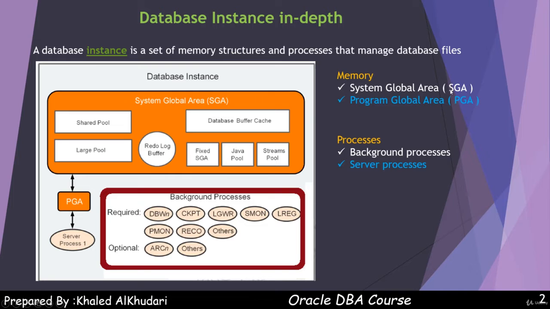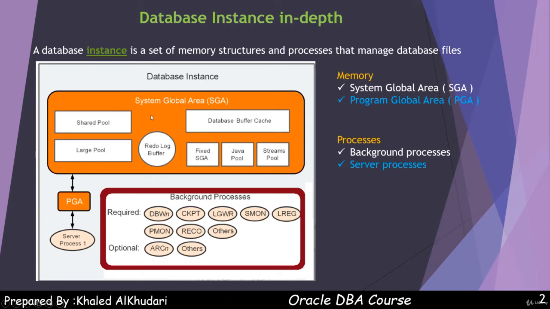So I have SGA and PGA. Here I have the system global area, SGA, and this memory contains subcomponents like the shared pool, large pool, and redo log buffer. Don't worry, we will understand it in detail. And I have another memory called PGA.